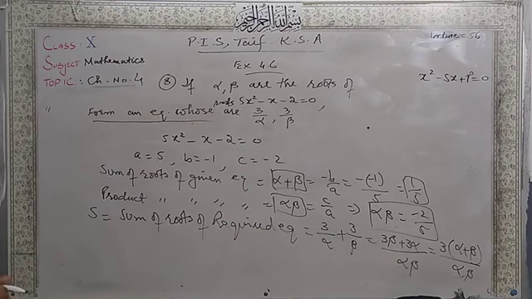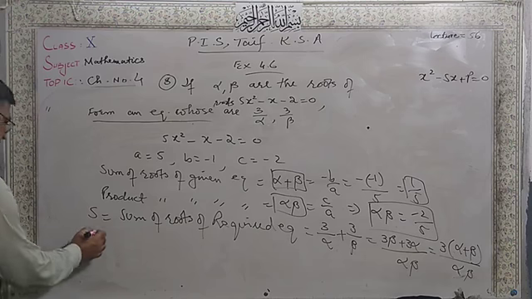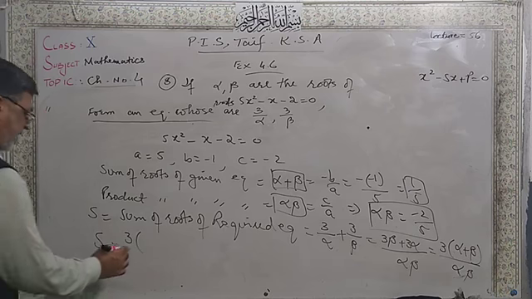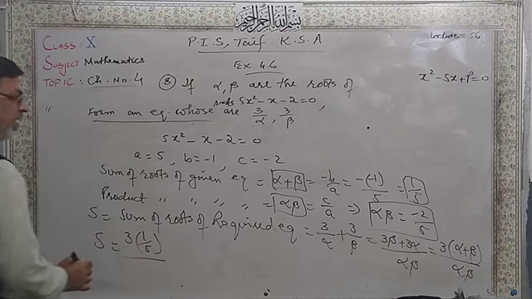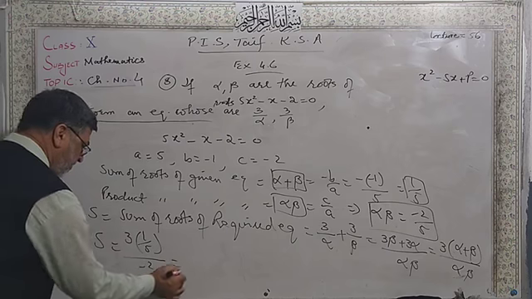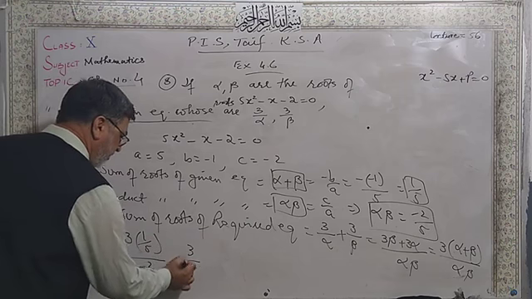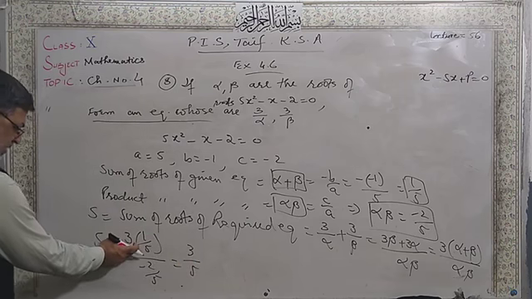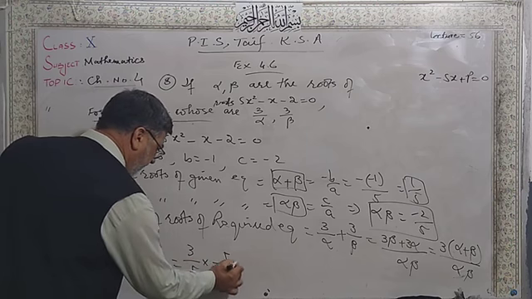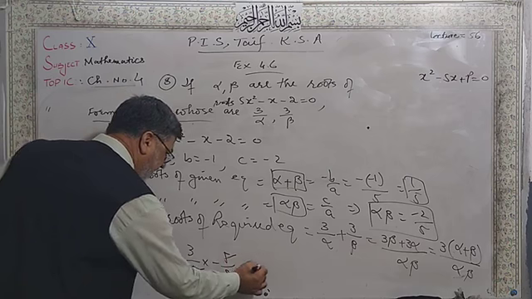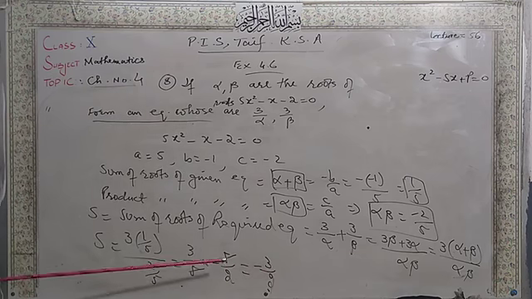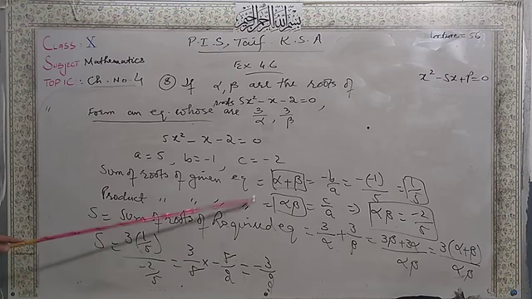So S is equal to 3 into, what about alpha plus beta? This is 1 over 5 divided by alpha beta, which is minus 2 over 5. So we have 3 over 5, and this will become reciprocal of that, minus 5 over 2. 5 cancelled out. We have minus 3 over 2. This is the sum of roots of the required equation.